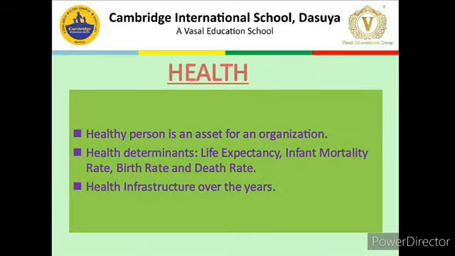Now, let's revise what we have learned in health. First of all, healthy person is an asset for an organization. Then we learnt about health determinants which include life expectancy, which means average life, infant mortality rate, that is the rate which calculates how many newborn babies die before completing the age of 1 year.